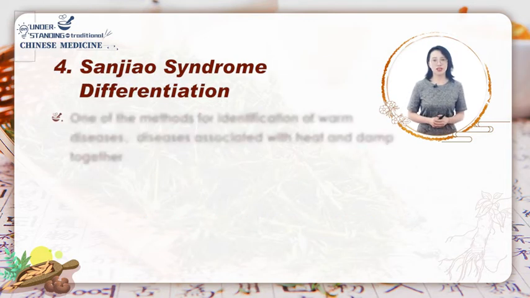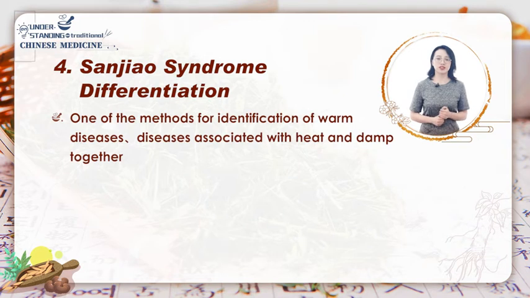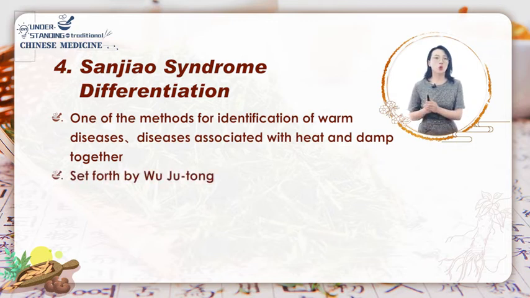The last one is Sanjiao syndrome differentiation, which is also one of the methods for identification of warm heat disease, and can be useful for differentiation of diseases associated with heat and dampness together. It was set forth by Wu Jutong of the Qing dynasty, corresponding to the concept of the Sanjiao in the Yellow Emperor's classic Huangdi Neijing.